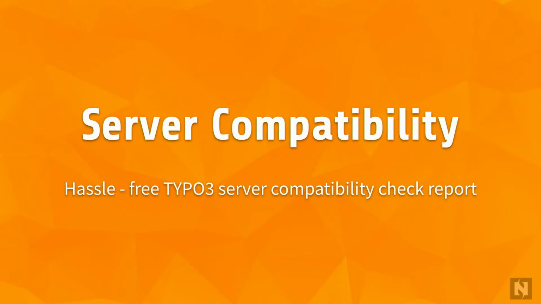So let's start with server compatibility. It's a very small solution, but very useful in day-to-day life. For example, you have a project, and your customer says, "Okay, this is a server. Check if it will work well with TYPO3 or not."